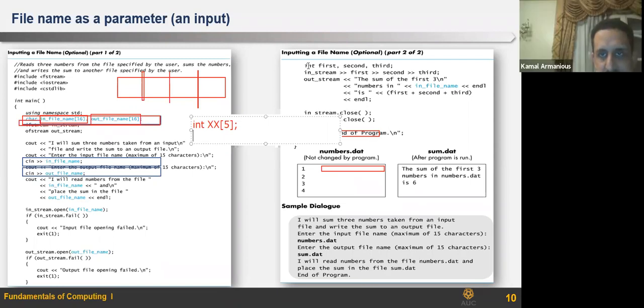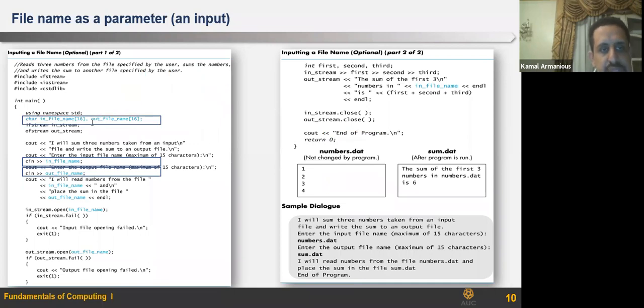So basically in this code, I declare in stream of type fstream. This is an object that is related to a class of stream, and then I am doing some couts, and then I want to get from the user the name of the file that I will read from.